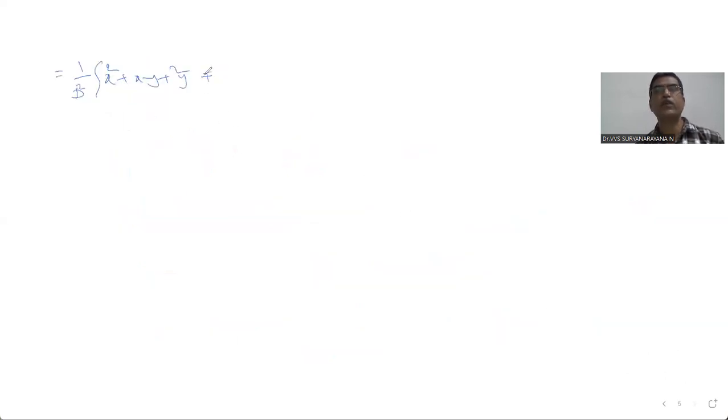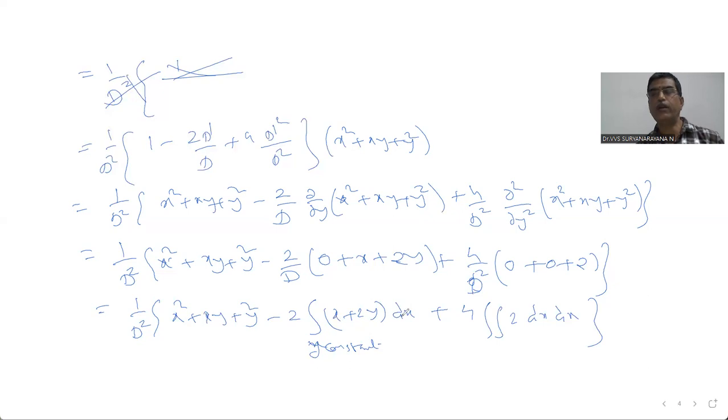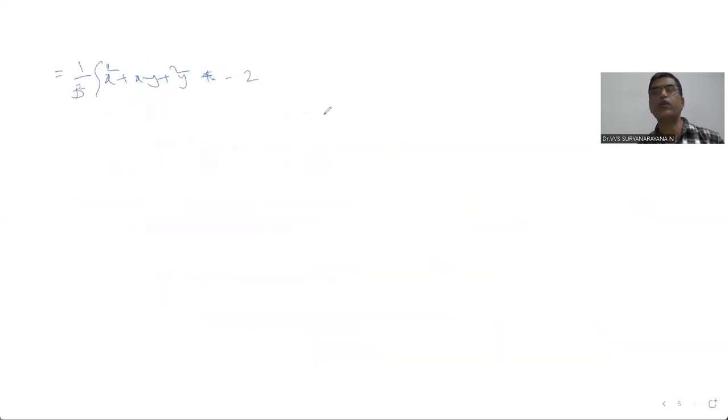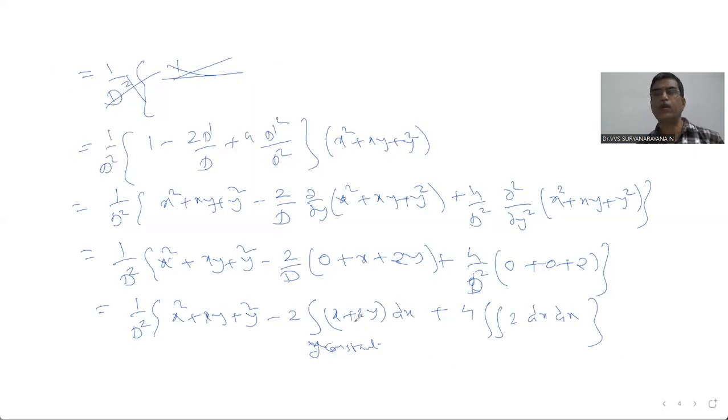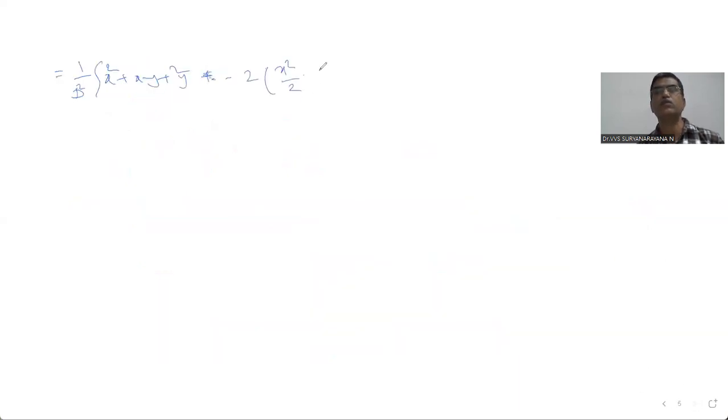So this is minus 2 into x square by 2, the integral of x dx. Next, 2y into the integral of 1 dx, x, 2xy. So plus 2xy.